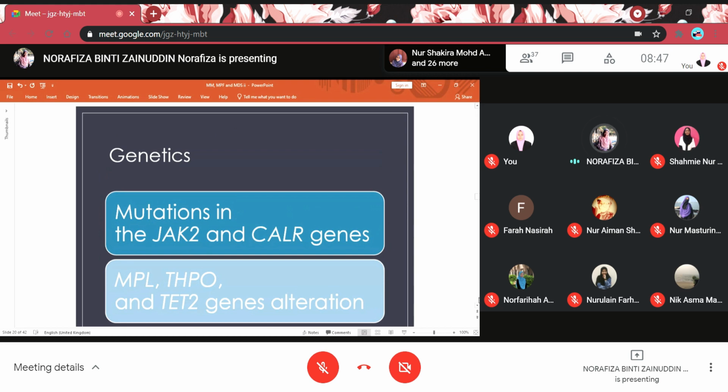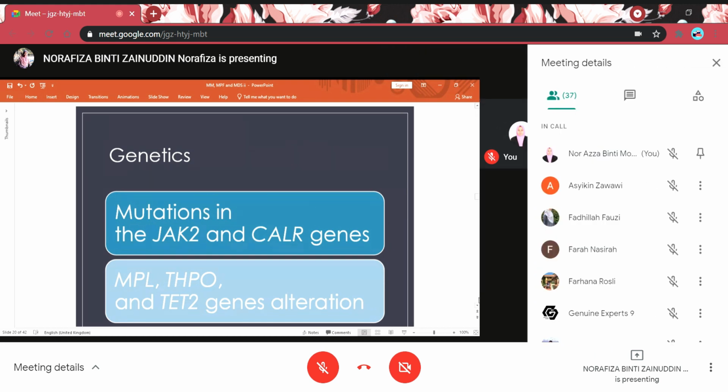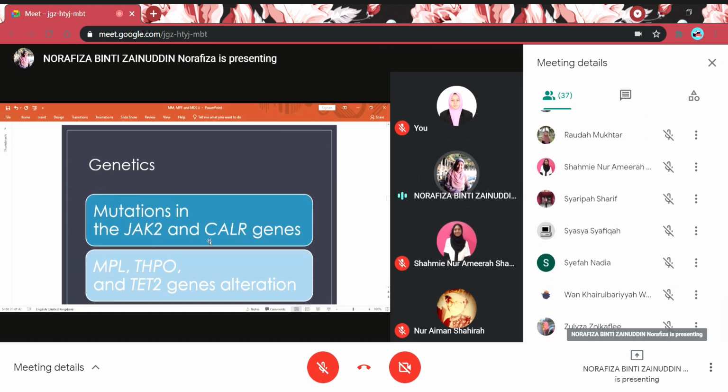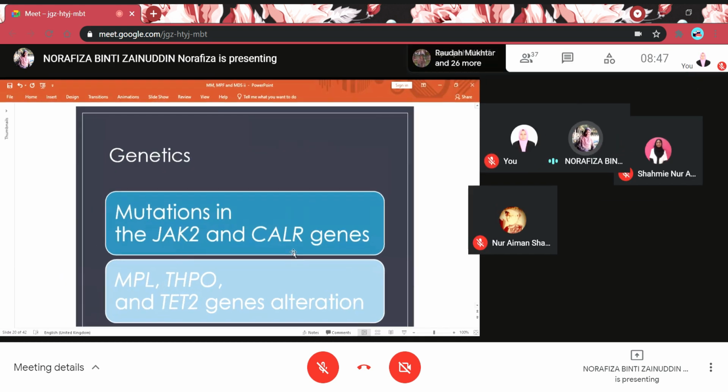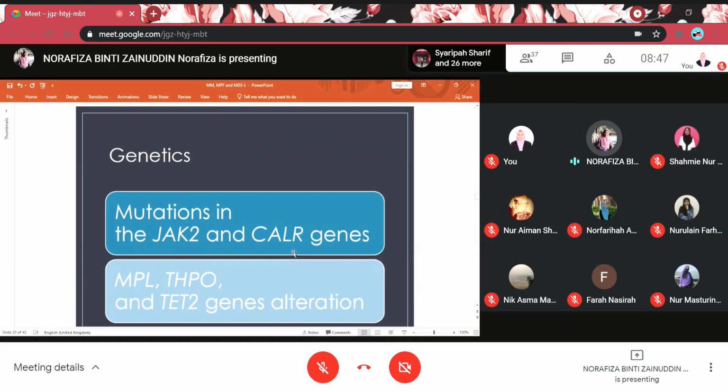Okay, on genetics, these 2 genes, JAK2 and also CALR, these are the most commonly mutated genes found in ET patients. MPL, THPO, and also TAT2 genes can also be altered in these conditions, and mutations of the JAK2, MPL, THPO are associated with ET, leading to overactivation of the JAK2-STAT pathway.